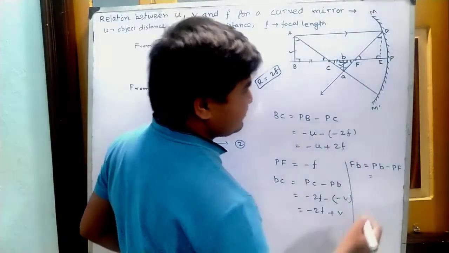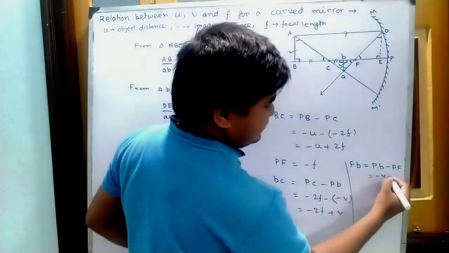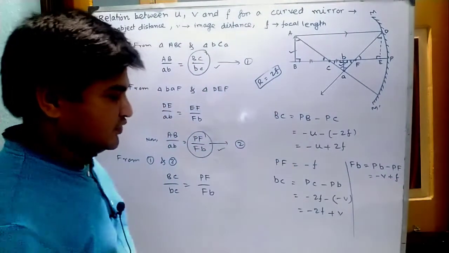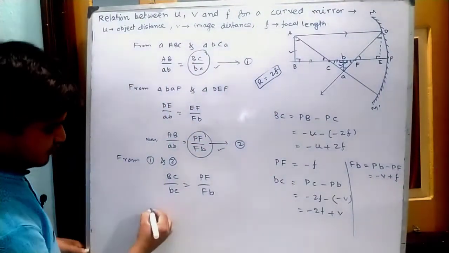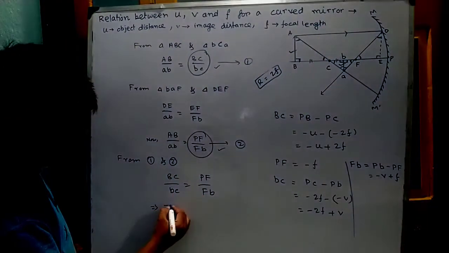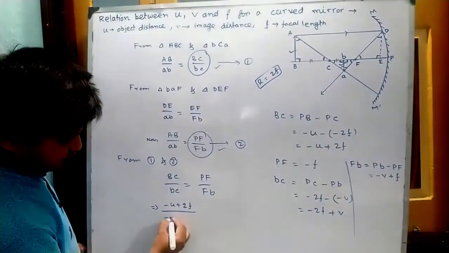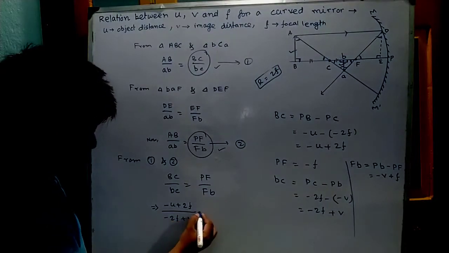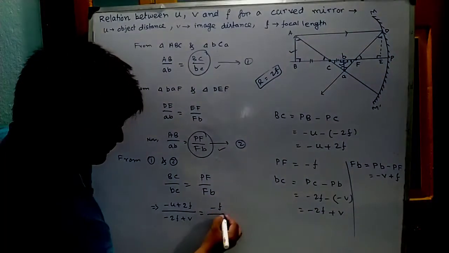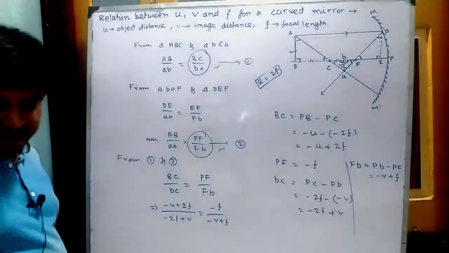So PB' equals minus V and PF equals minus F, so minus V plus F. These are the four values. We will write it: BC equals minus U plus 2F, B'C equals minus 2F plus V, PF equals minus F and FB' equals minus V plus F.